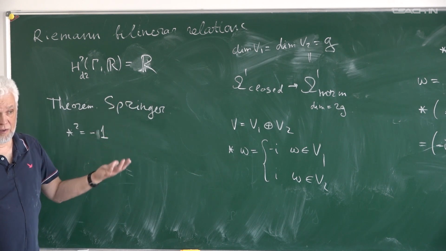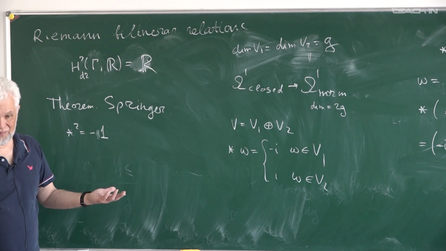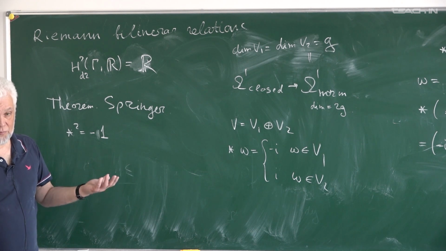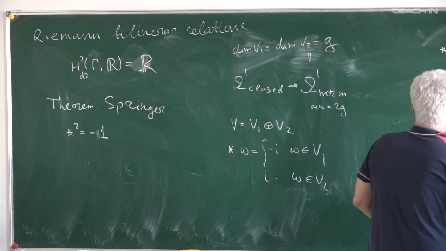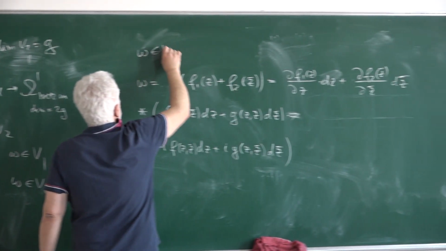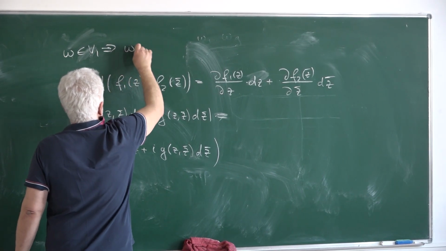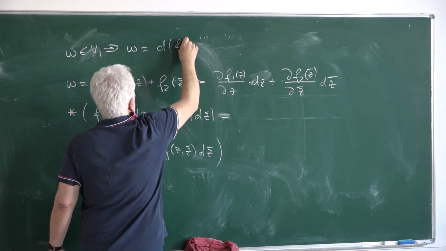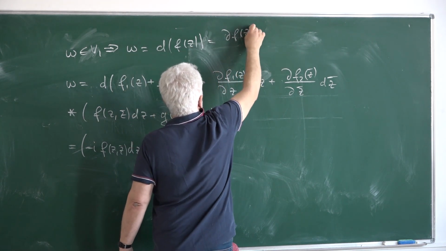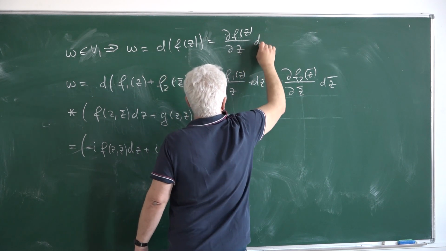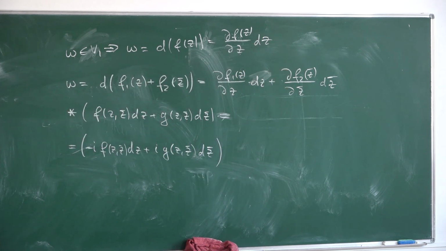And V1 consists exactly of holomorphic forms. The forms from V1 are holomorphic, locally, of course. Therefore, the space of holomorphic forms is G-dimensional.